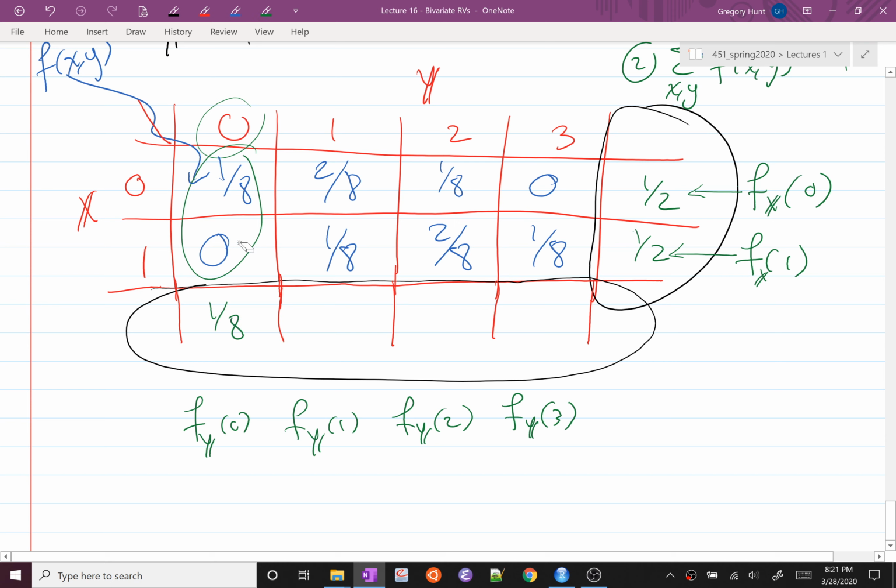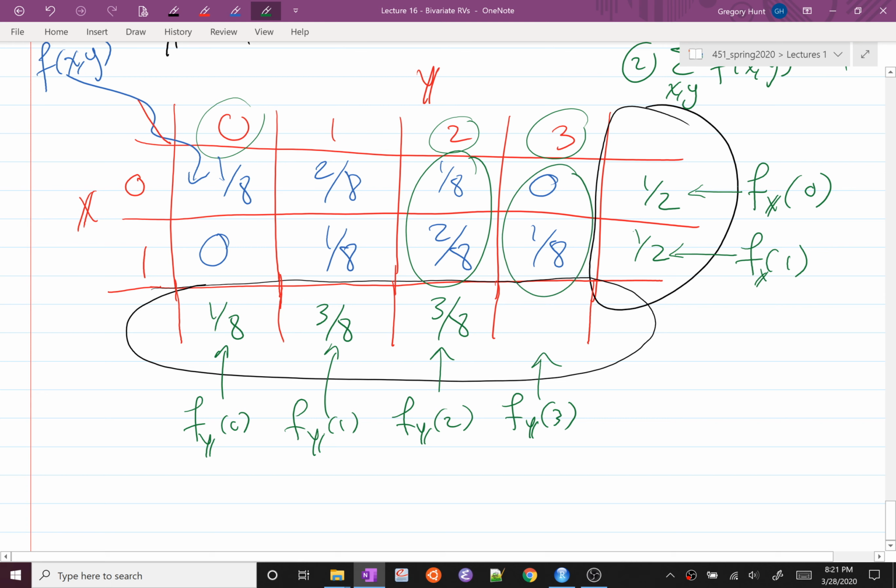That gives me 1/8, so f_Y(0) is 1/8. f_Y(1) will give me 3/8, because I'm summing over that column. f_Y(2), fix y at 2, sum over this column, 3/8, that works. And f_Y(3), fix y at 3, sum over all possible values of x, 0 and 1, and that gives me 1/8.